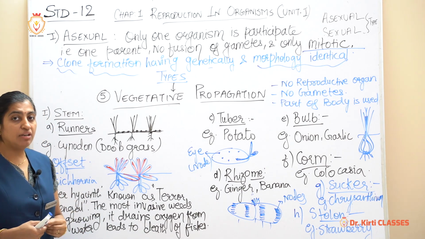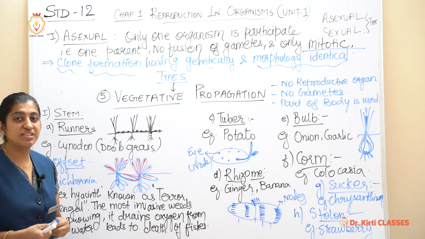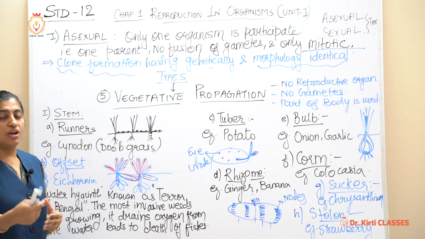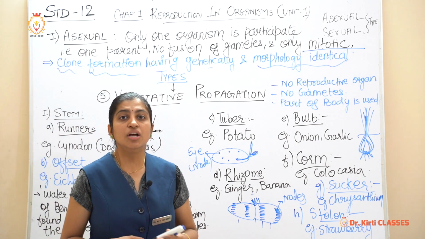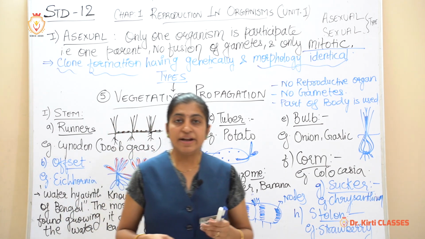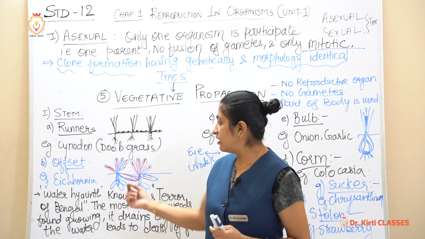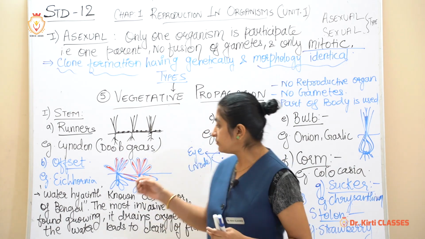Number 2, that is offset. We have learned offset in modification again. The best example is Eichhornia. What is given in our textbook? Eichhornia. The common name is water hyacinth. Now here in this Eichhornia water hyacinth, first of all we'll understand how it is helpful for the production of a new plant.